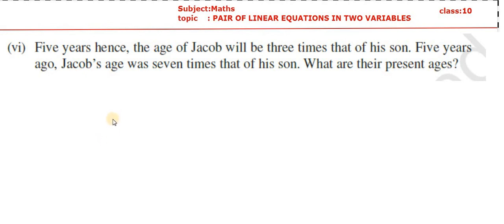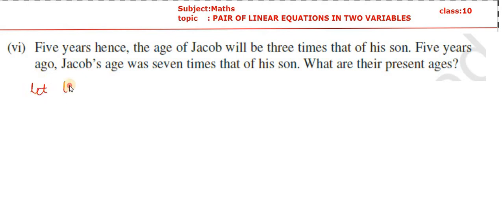So 5 years hence means after 5 years, and 5 years ago means before. Now what is the present age of Jacob? We don't know.